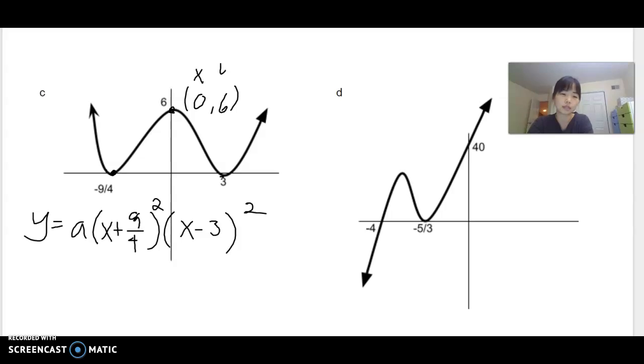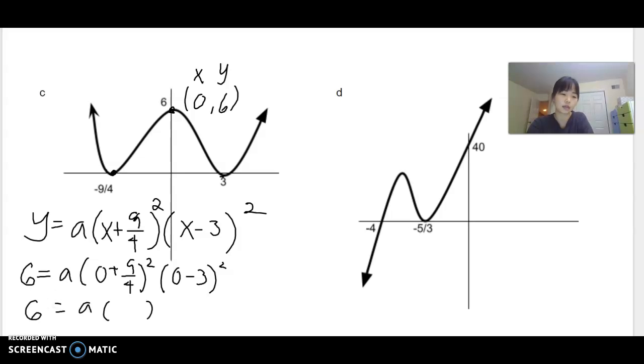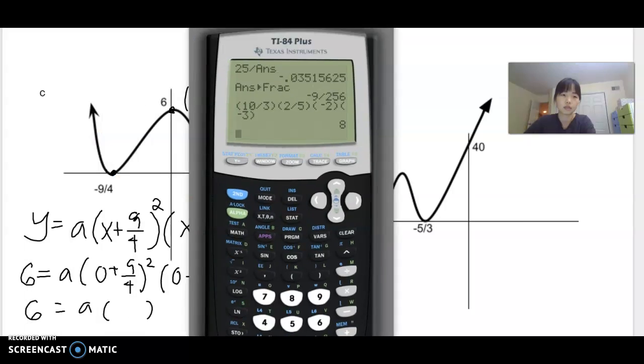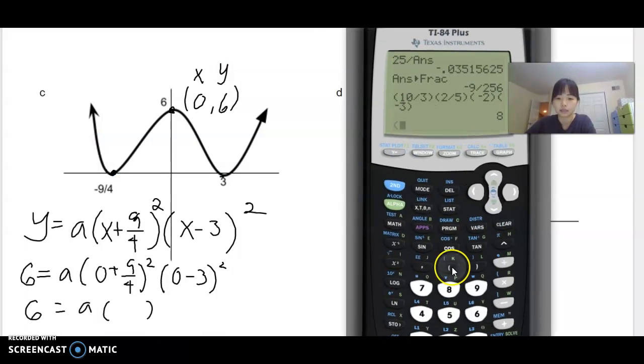So that's going to be x, that's going to be y. 6 equals a times 0 plus 9 over 4 squared, 0 minus 3 squared. So this time I got 9 over 4 squared times negative 3 squared. So it's 45.5625.